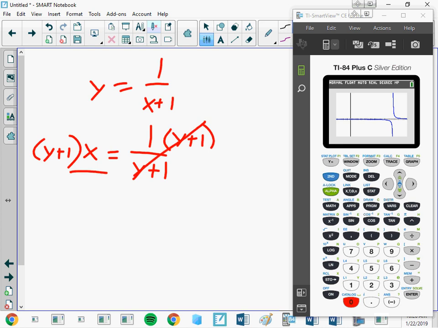And I'm going to divide by x. And I get y plus 1 equals 1 over x. Subtract 1. So the inverse is y equals 1 over x minus 1. Does that function have any domain restrictions? Are there any x's I can't plug in? 0, which we already knew from the last way we solved it.